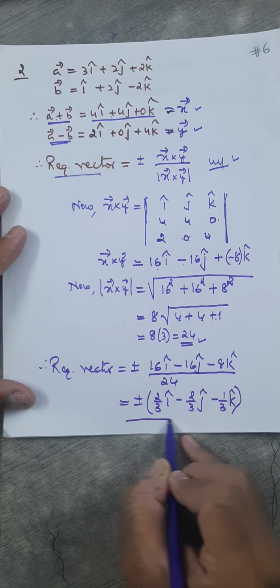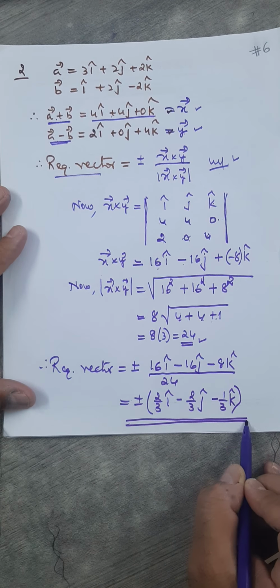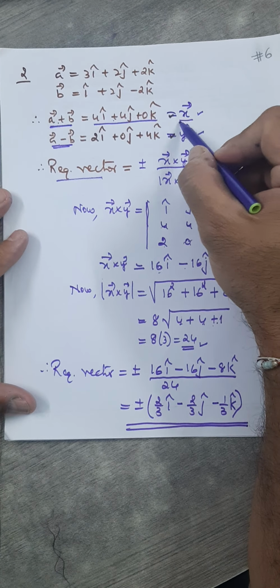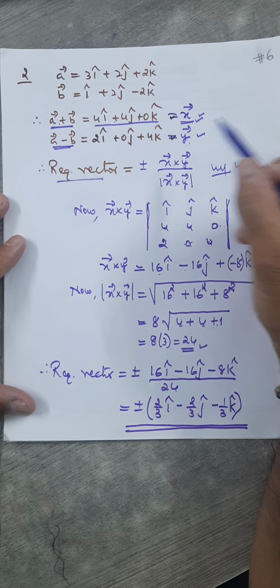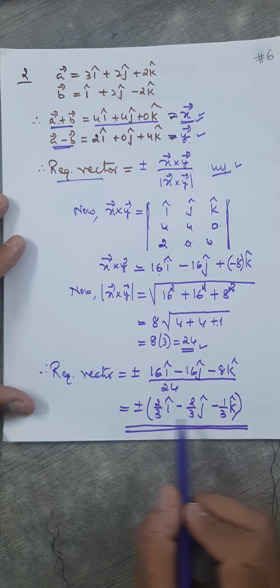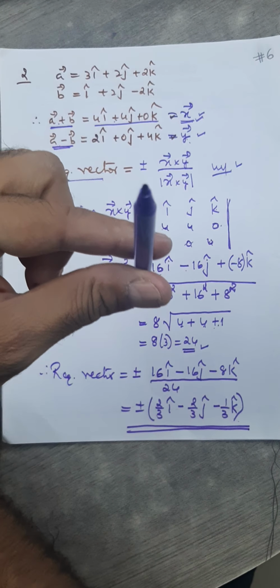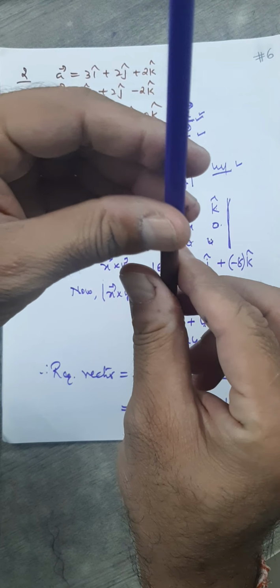These are the two vectors, remember. Unit vector which is perpendicular to one vector this and the other vector this. There are two vectors. One is in this direction, you can see, and the other one is in the opposite direction, like this.